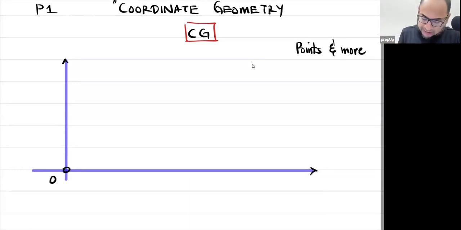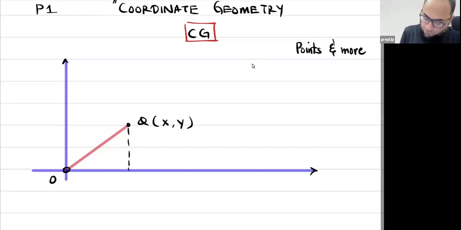Now this thing over here, that's the origin. Let me label a point over here. Let me call this point Q, and the coordinates of Q are (x, y). That means I have walked from the origin x units to the right, and I have walked up y units.